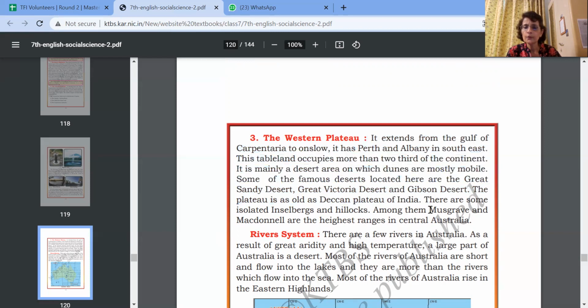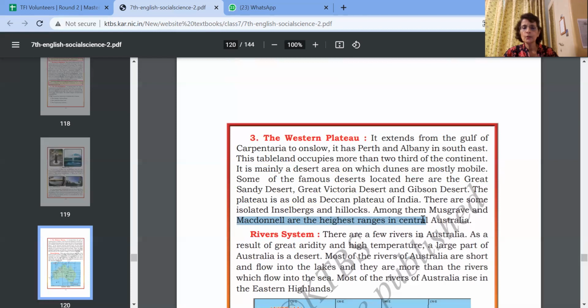If you want a little more information, Musgrave, you can mark this, that Musgrave and McDonnell are the highest ranges in central Australia.